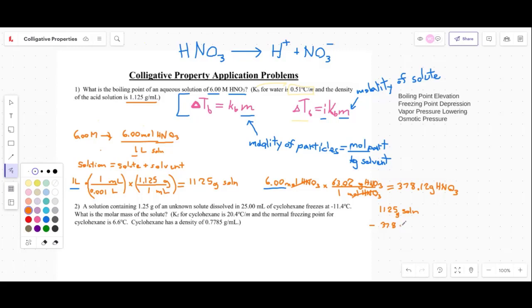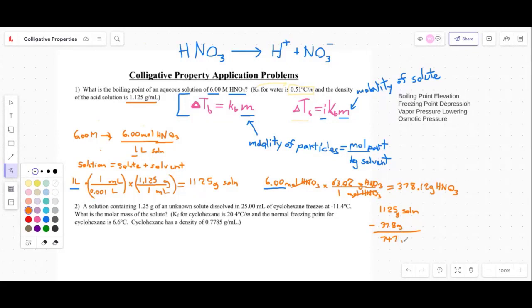Good job. So I'm actually going to break my own rule. I'm just going to use the rounded value because I realize it's not going to make much of a difference in this case. So if I subtract 1125 minus 378, 747 grams.